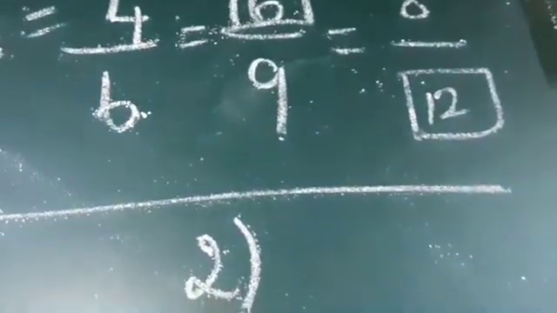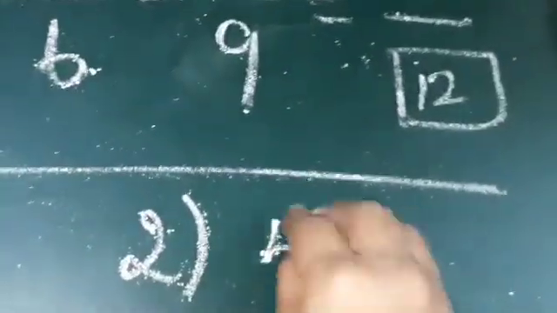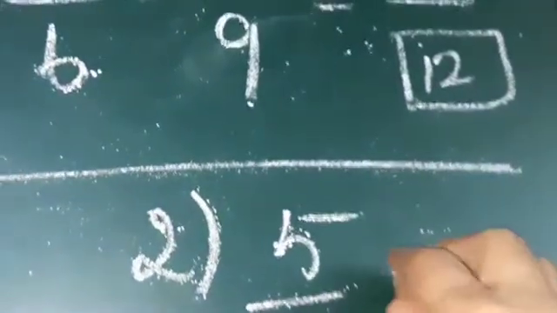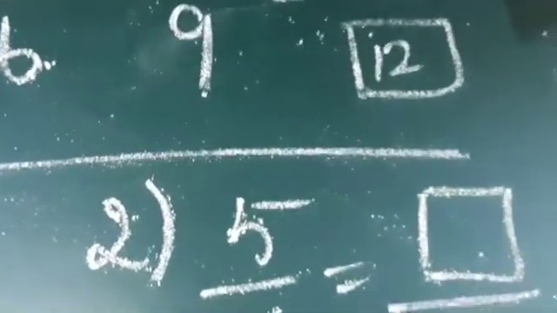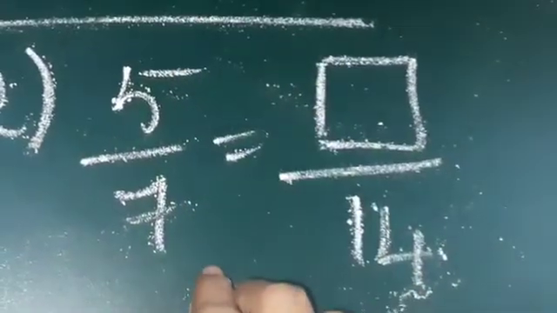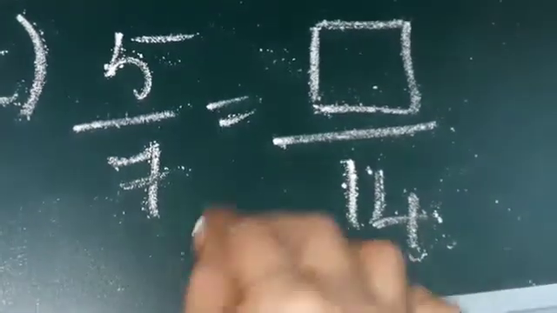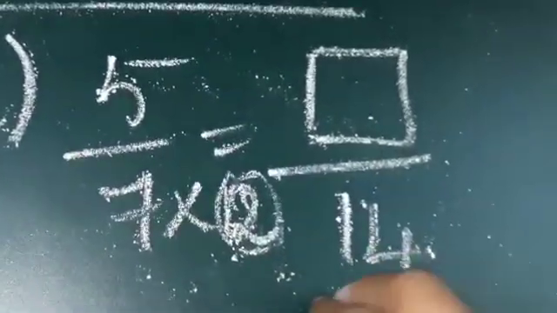Second problem is your homework. For the second problem, I will be solving the first pattern. The next pattern you are going to solve. See, the pattern given is 5 by 7 equal to x by 14. If we multiply 2 with 7, we get the product 14.